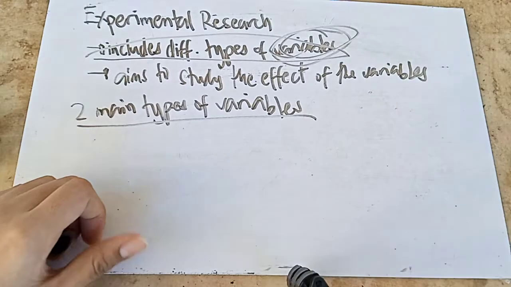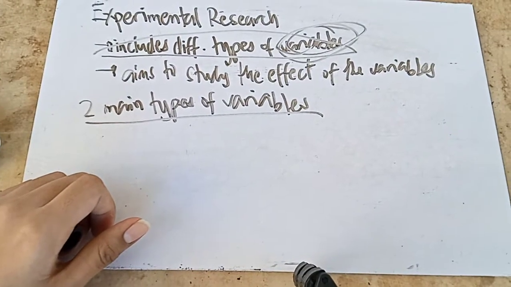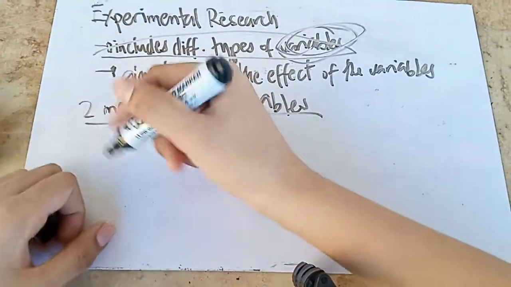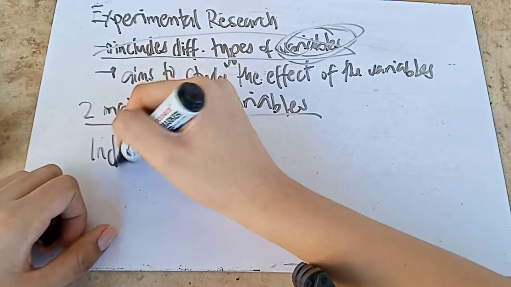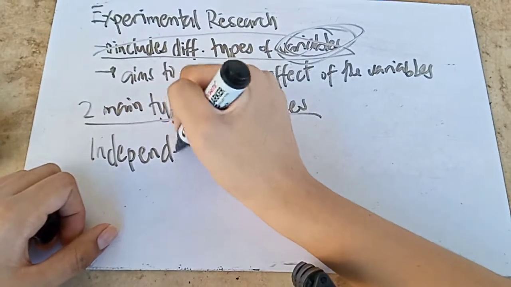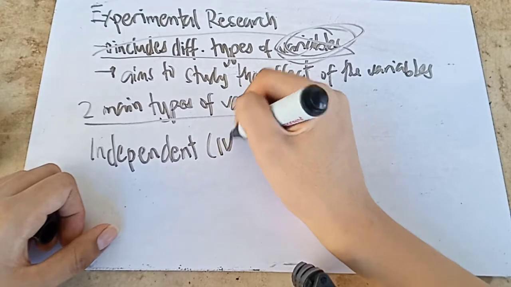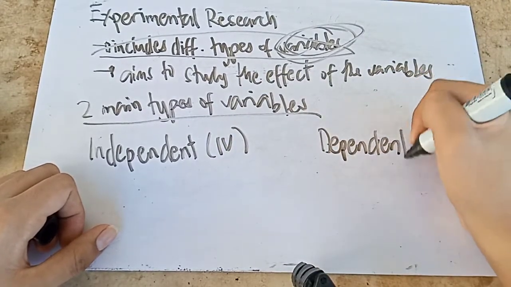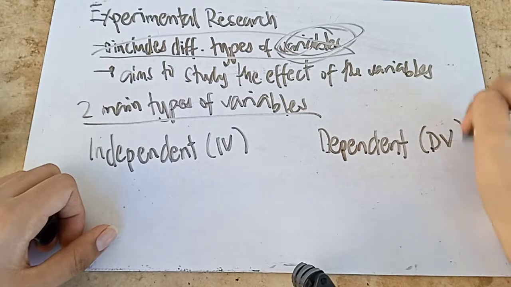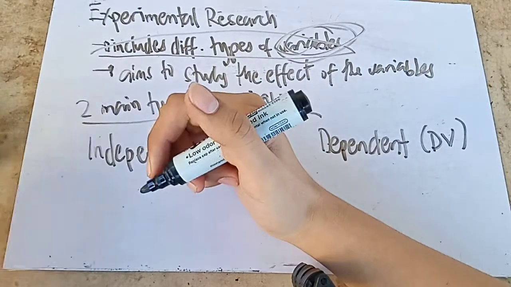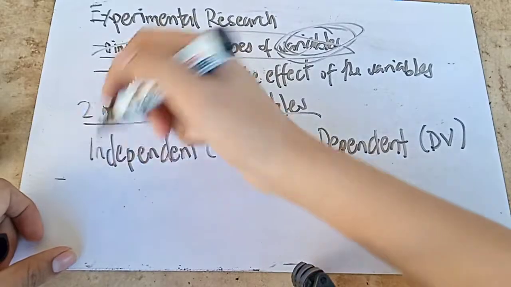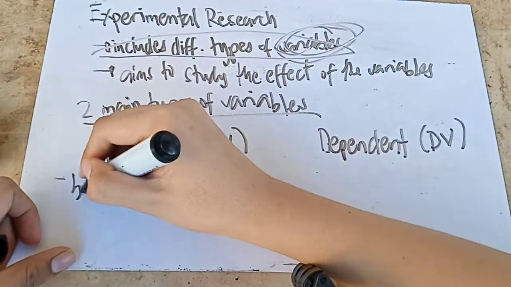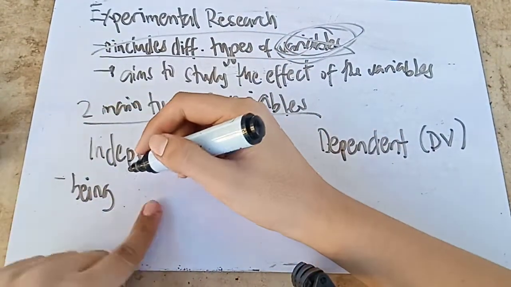So, the first type of variable is the independent variable, shorthand IV, and the next one is the dependent variable, shorthand DV.